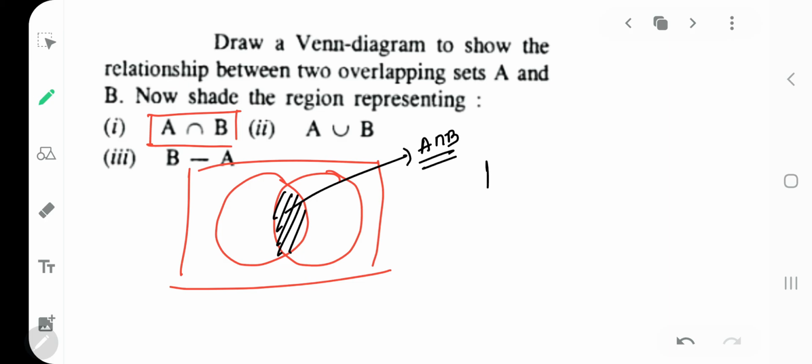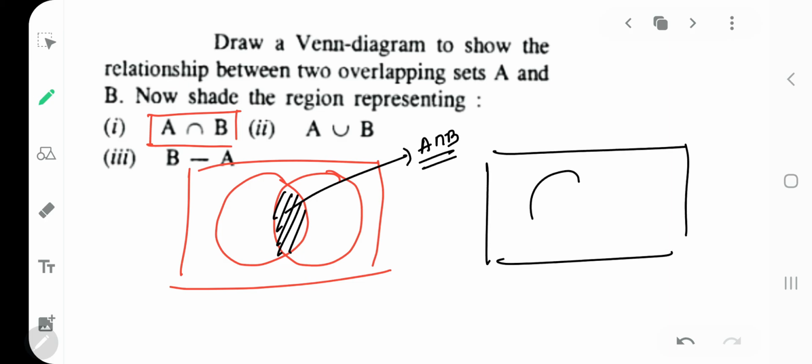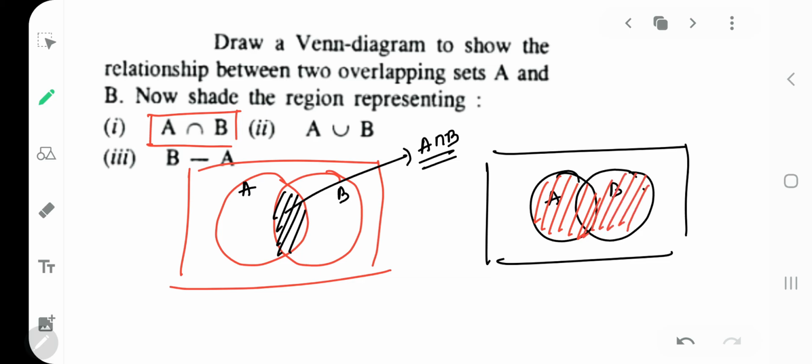What about A union B? If I have A set and B set, so the union will be the entire both sets together. So you will shade the entire region of A and B. What about B minus A?